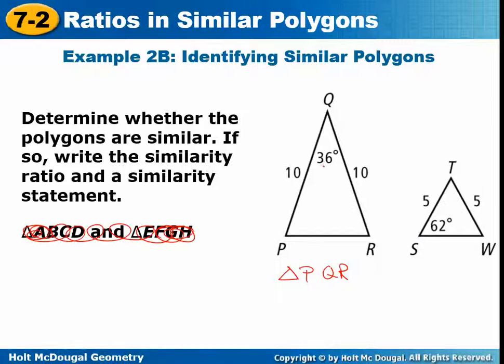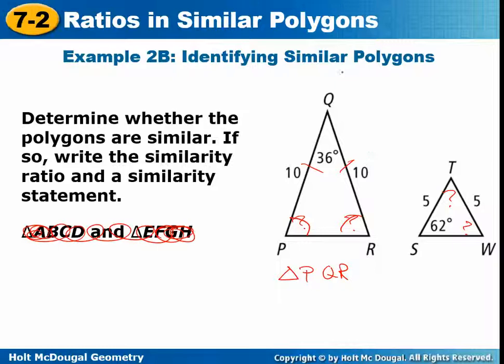So first of all, this is 36 degrees. I don't know this angle, and I don't know this angle. This is 62 degrees. I don't know this angle, and I don't know this angle. However, we do know that this is an isosceles triangle because it's 10 and 10. So base angles are equal. So we're using all the stuff that we learned last quarter, and we're applying it to these problems.